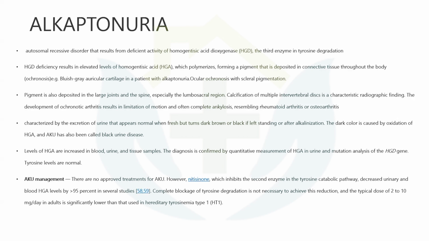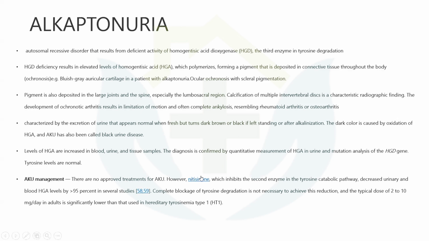When homogentisic acid polymerizes, as more molecules join together, it forms a pigment. It is mainly deposited in connective tissue, in the cartilages, in the joints, and sometimes even in the eyes, in the sclera itself.